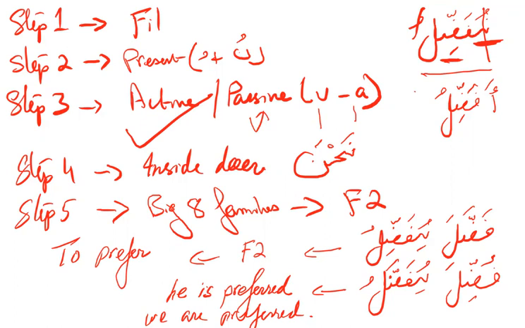We have to translate the word in the exercise. It is nufaddilu, so it will be we prefer. Afaddilu would be I prefer. Okay, ufaddilu.